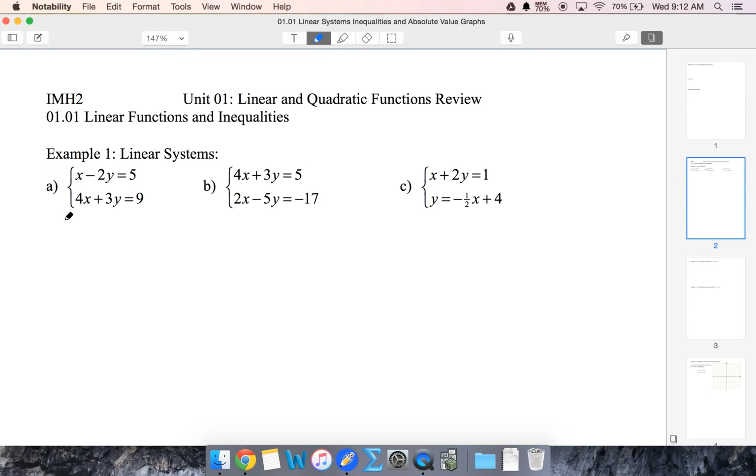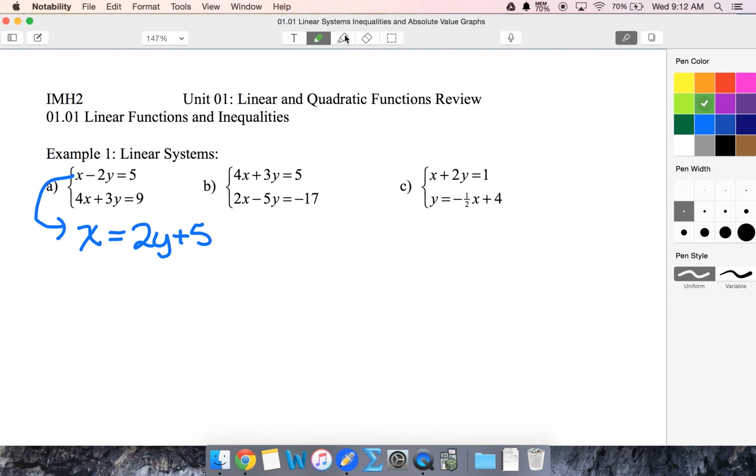So taking that first equation, we can say that x is equivalent to 2y plus 5. And now knowing that x is equivalent to this, that means in this same equation, I can substitute for the x with its equivalent expression.